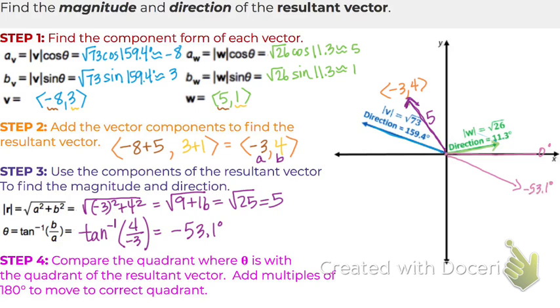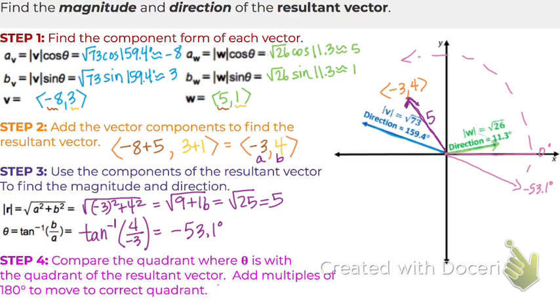And so what step 4 says is that we need to add multiples of 180 degrees to move it to the correct quadrant. So to move it from the fourth quadrant all the way over here to the second quadrant, we're going to add one multiple of 180 degrees.